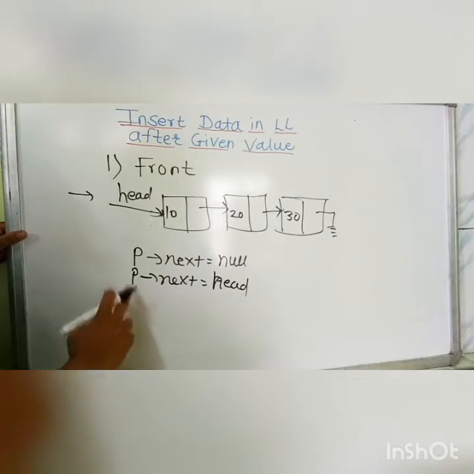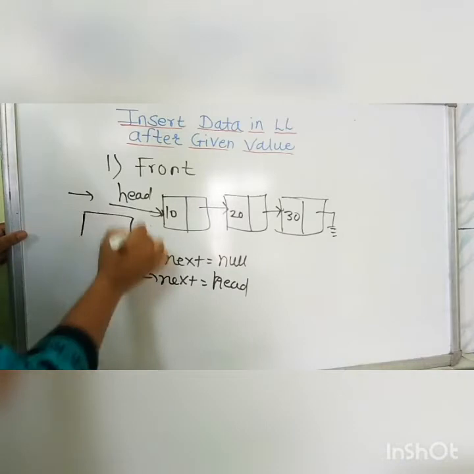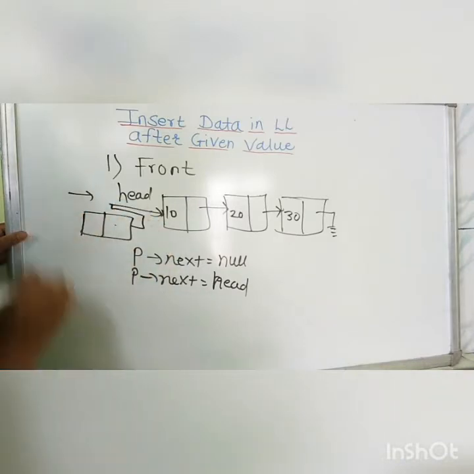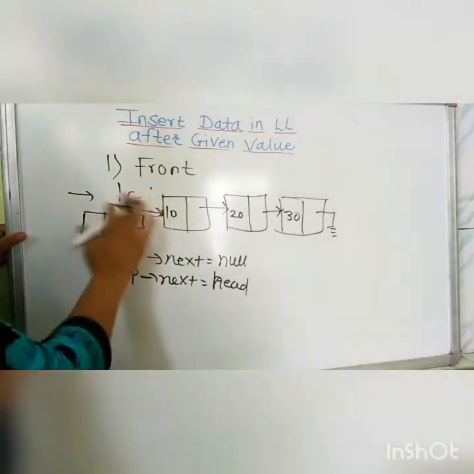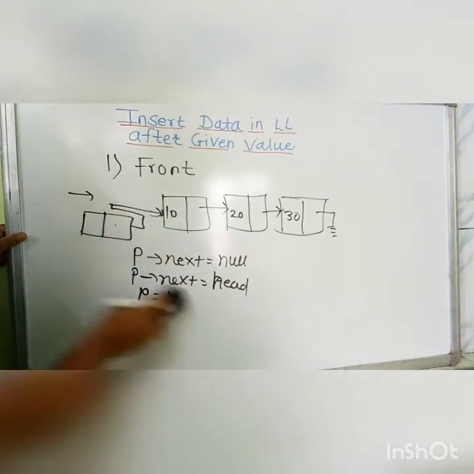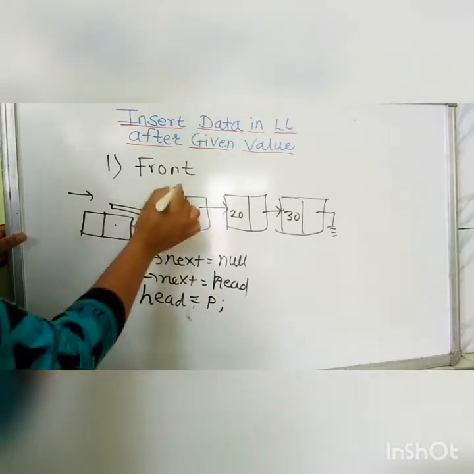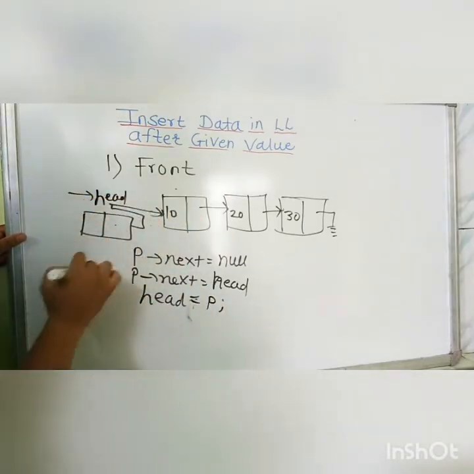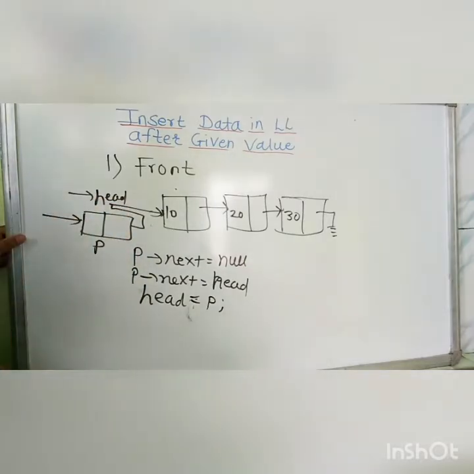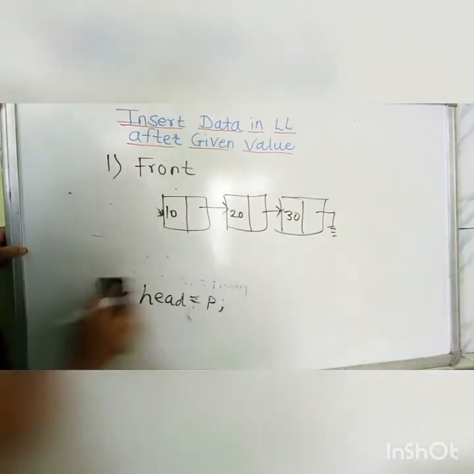Okay, we have attached the P pointer next to head, meaning this is attached to this, and now we have to shift the head pointer, that is head equals P, meaning we are shifting the head's position to this P pointer. Again P is here but head is also here, so it is the starting point. This is the case to insert the elements in front of a list.